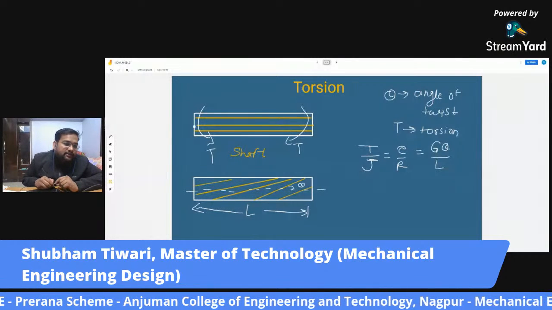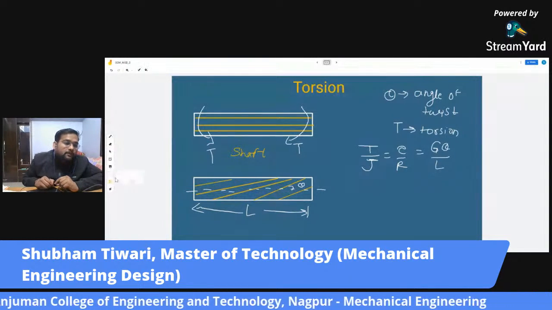Now, how is the stress distribution given for this shaft?